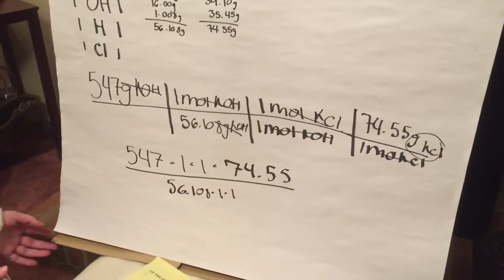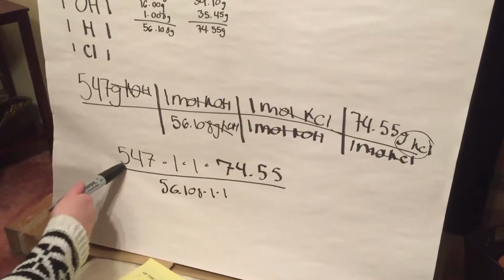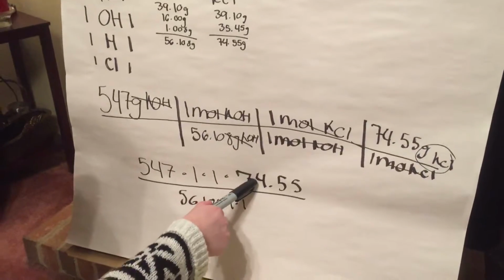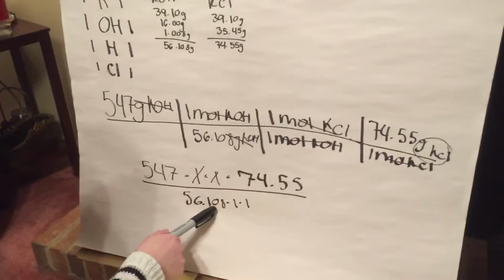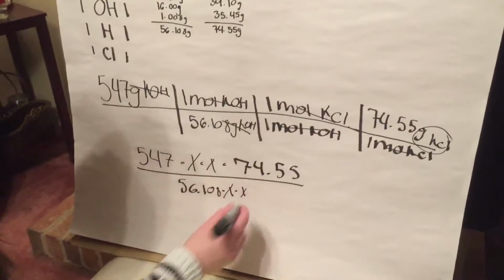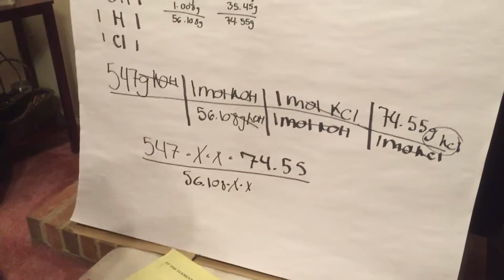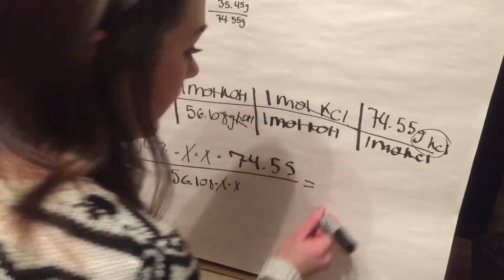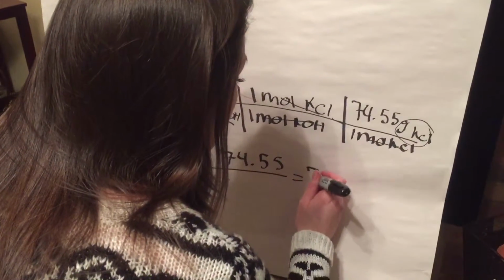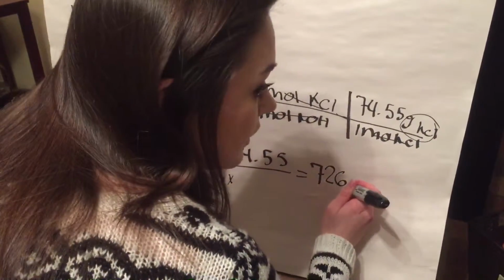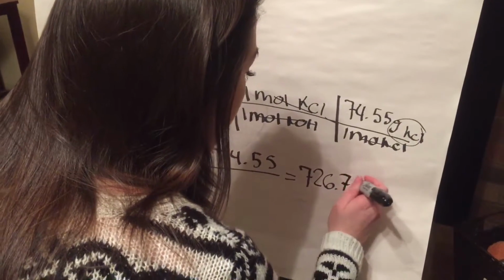The easiest way to type this into your calculator is just 547 times 74.55, since this is a 1 and this is a 1, divided by 56.108. When you type that into your calculator, you should get 726.792.